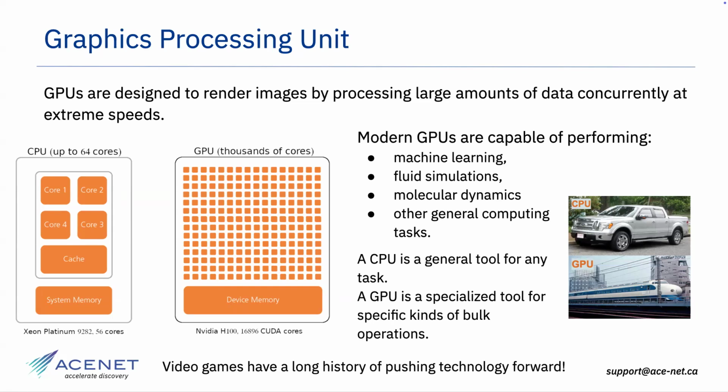But CUDA cores are only a part, not small, it's a large part, but only a part of what GPUs offer. In addition to CUDA cores, they are equipped with cores that are specifically designed for ray tracing and for tensor operations common in artificial intelligence workloads.